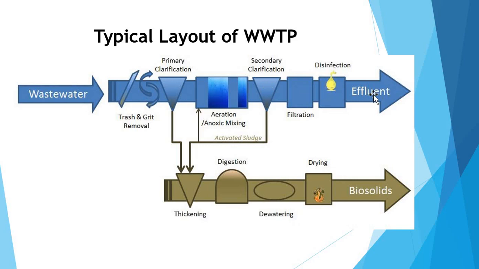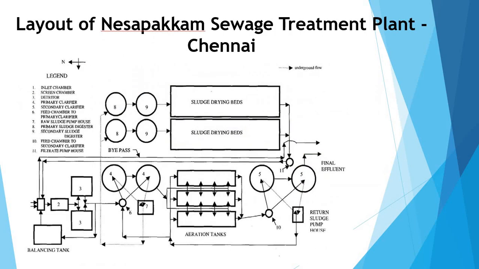The effluent is let out to the environment or for storage. The collected solids are represented here. The sludge will be thickened first, dewatered, dried, and then biosolids are produced which can be used as fertilizers.